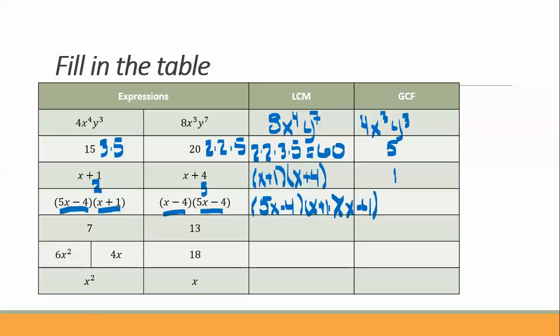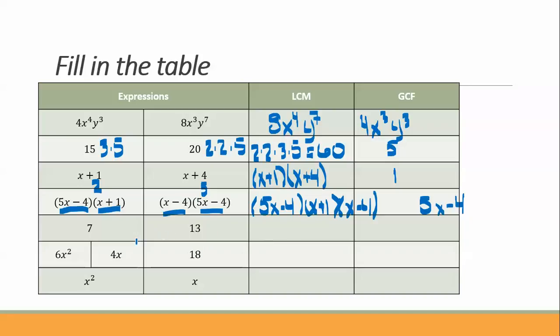That's our first number. And then look again at our second number and make sure all those factors are in. 5x minus 4 is here and x minus 4 is here. The greatest common factor of these is 5x minus 4. That's one of the two factors in both of these, and it's common.